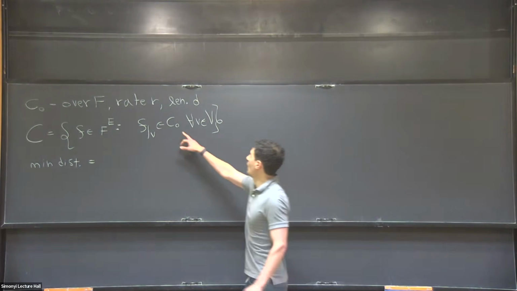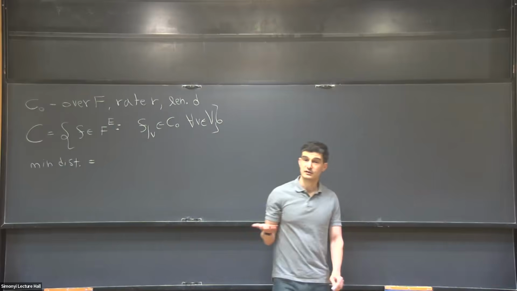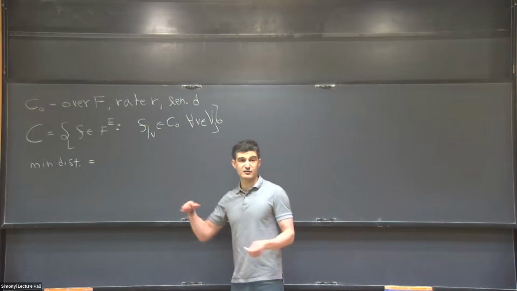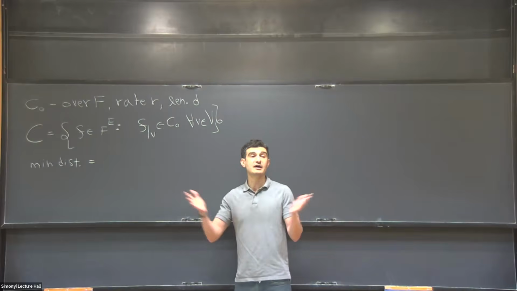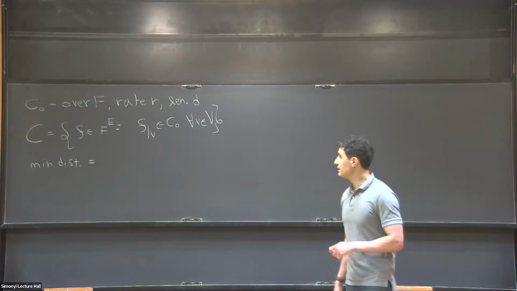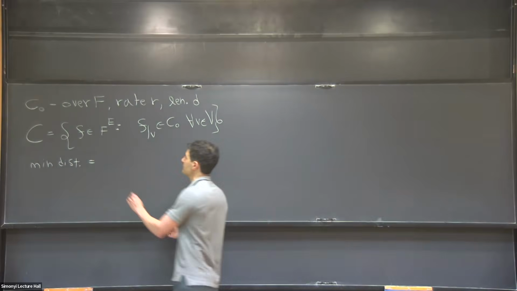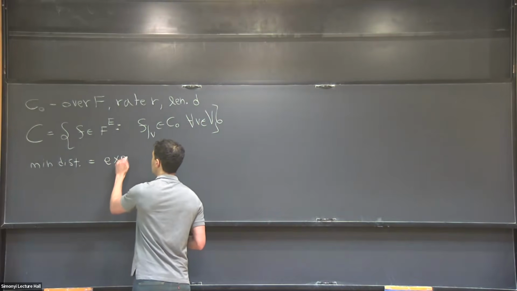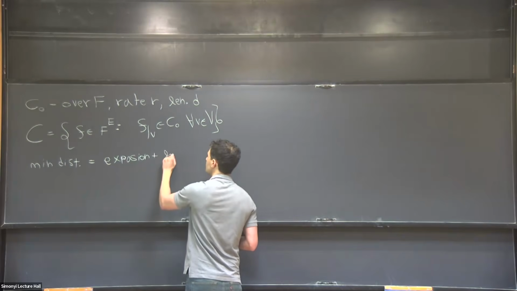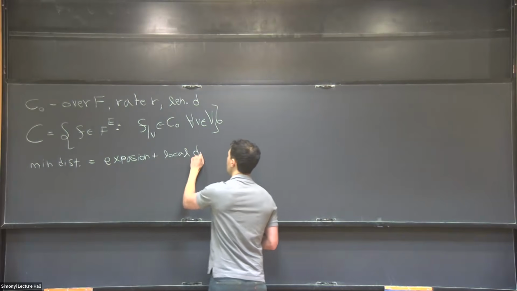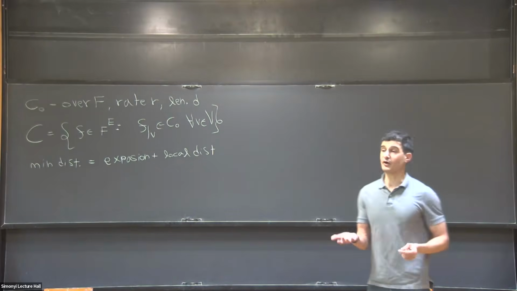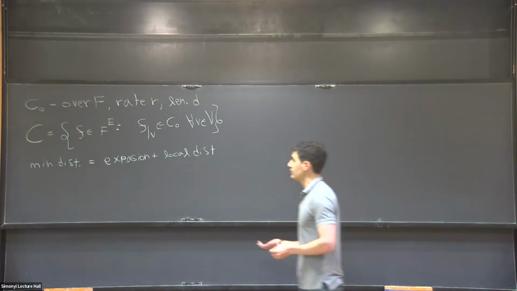If the local code has good minimum distance and the graph is an expander graph, then this property propagates to the entire graph, and you have a linear distance. The proof of the minimum distance follows from the expansion of the graph G plus the local distance of the local code.